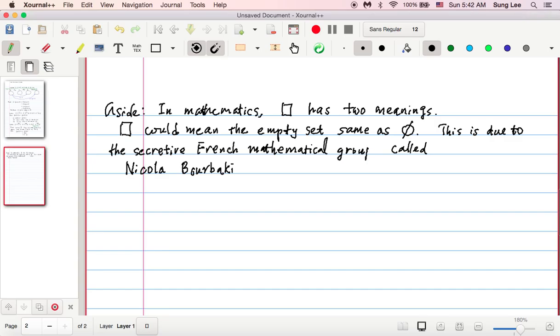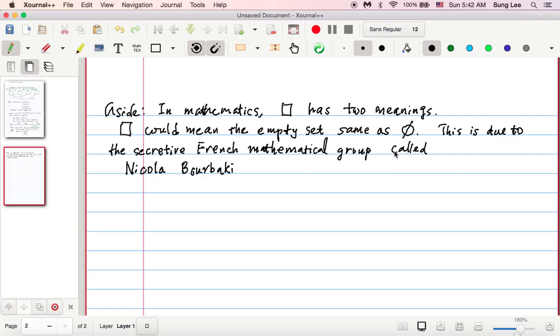The reason I chose to use group instead of society is that when you say society, often in certain professional societies, being a member is a privilege, so not everybody can be a member easily.